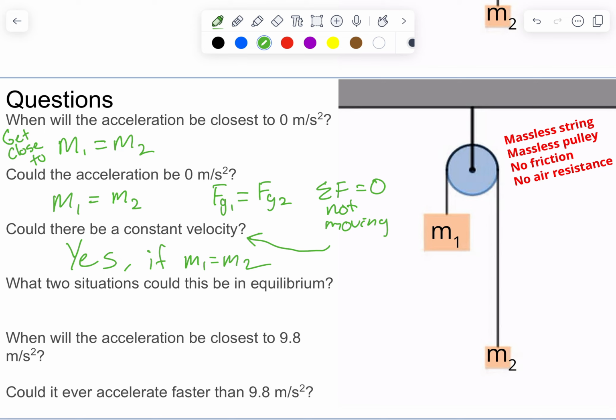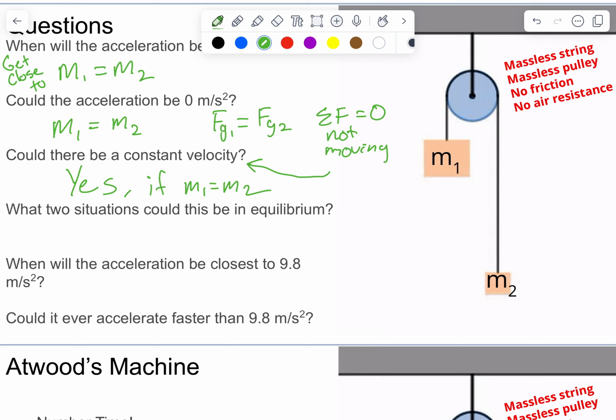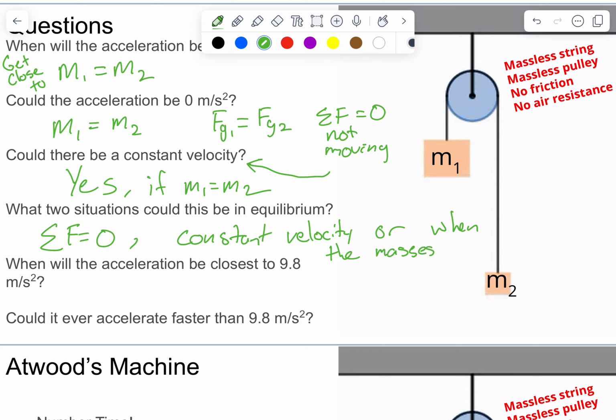What two situations could this be in equilibrium? Okay, well, we defined equilibrium the other day as when the sum of all forces is equal to 0. Again, this would happen at a constant velocity, or when the masses aren't moving.